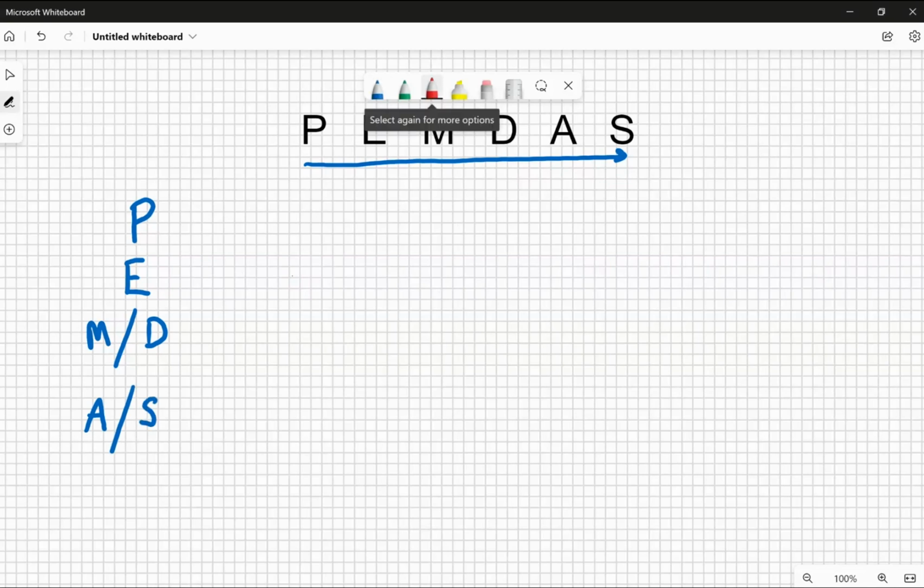So step 1 is definitely parentheses. Step 2 is exponents. And then step 3 is to do all the multiplications and divisions left to right. And I'll do an example or two to show what I mean by this, left to right.